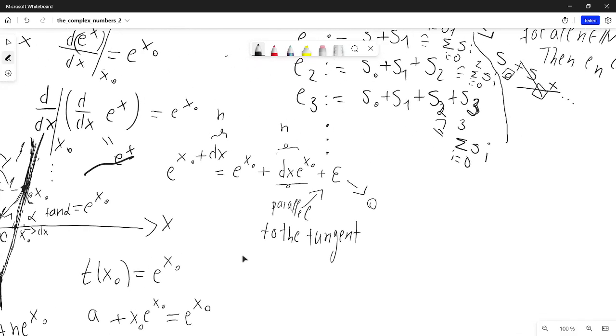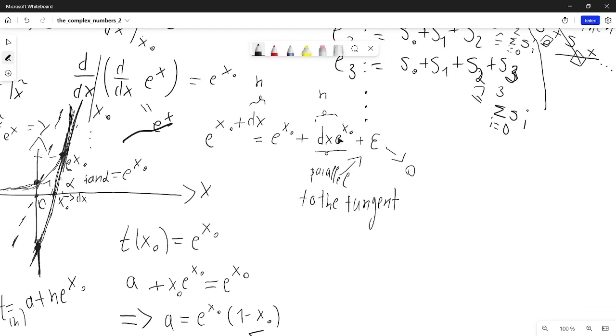And this is quite interesting, right? This kind of means that if we are very close, then that seems to be approximately x0 plus dx x0.